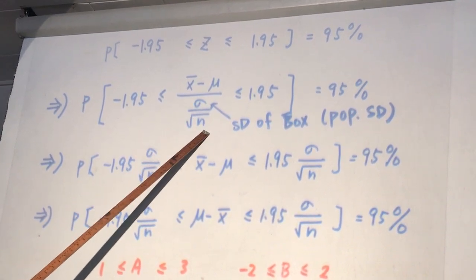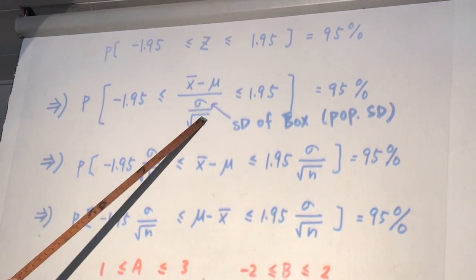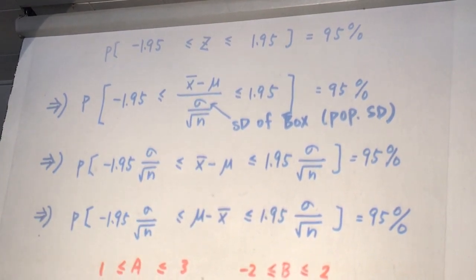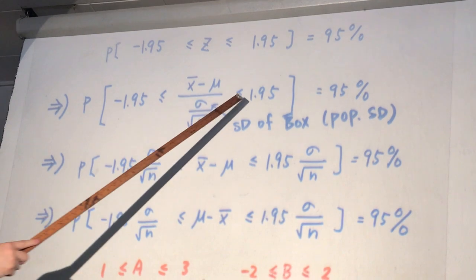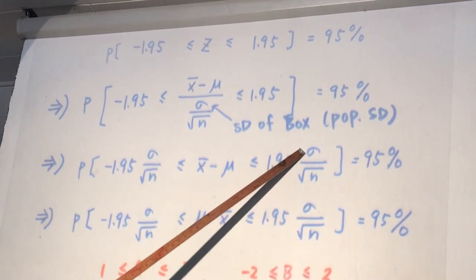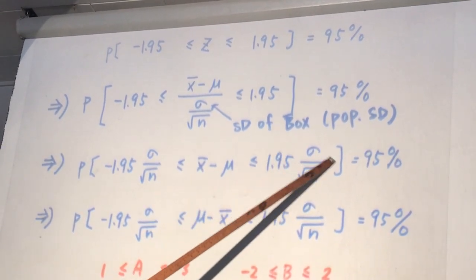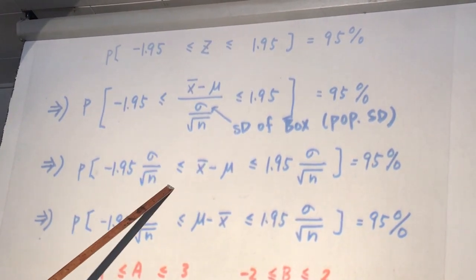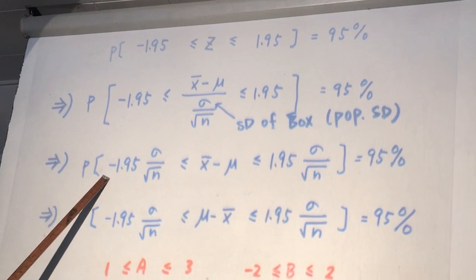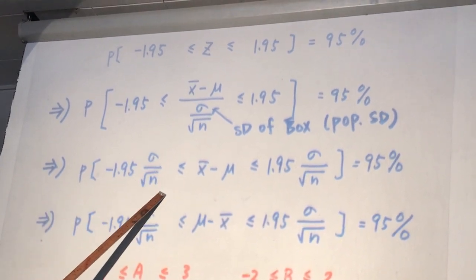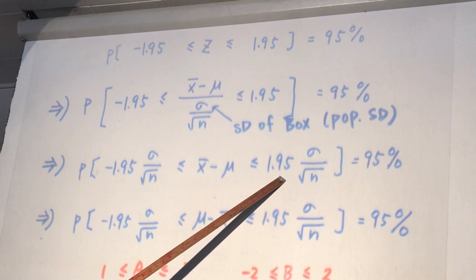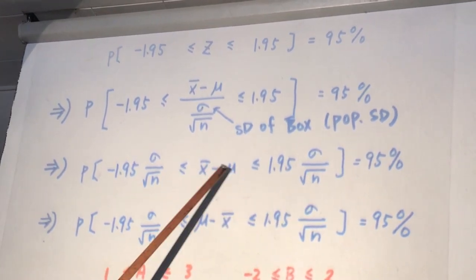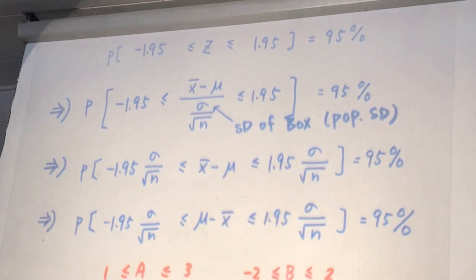And sigma over square root n times the Z-score cancels, so what's left is X-bar minus mu. And 1.95 times sigma over square root n is my right-hand side. So this can be rewritten as the probability that -1.95 sigma over square root n to 1.95 sigma over square root n will cover X-bar minus mu with 95% chance, okay?